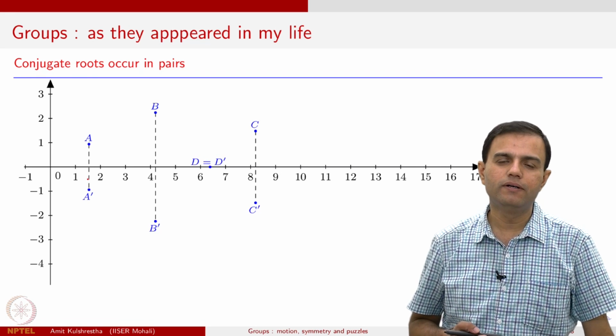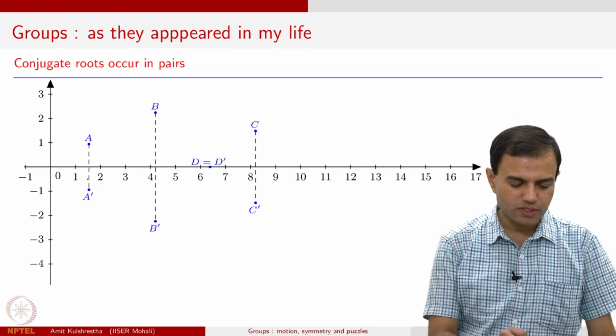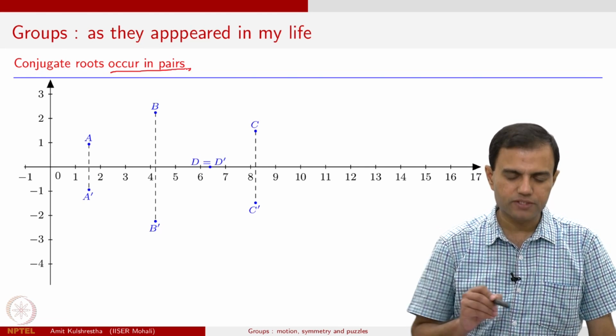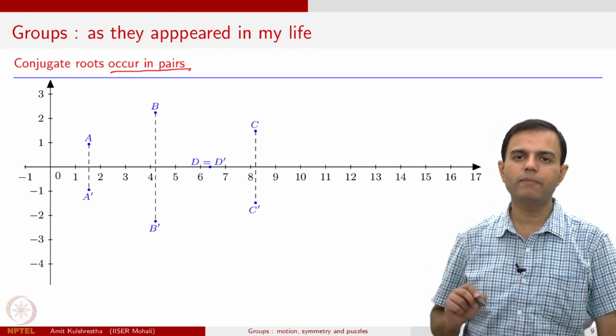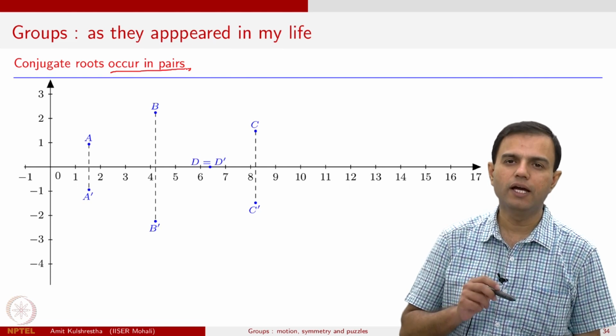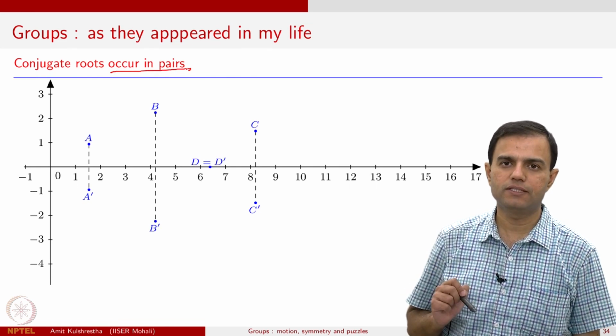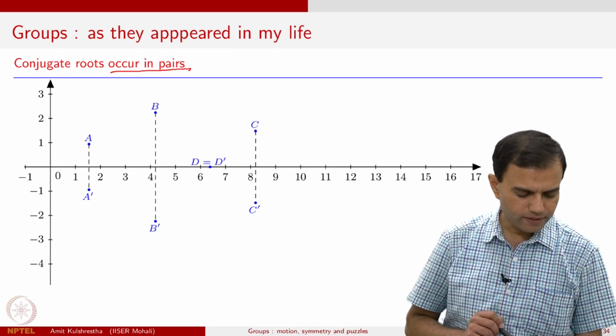And we remember about complex roots, right? So complex roots occur in pairs, we know that. If iota is a root, then minus iota is also a root for the polynomial equation which is having real coefficients. If real coefficients are there, the conjugate roots will occur in pairs.